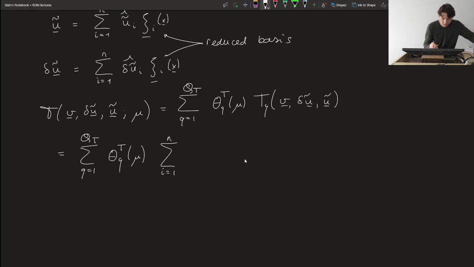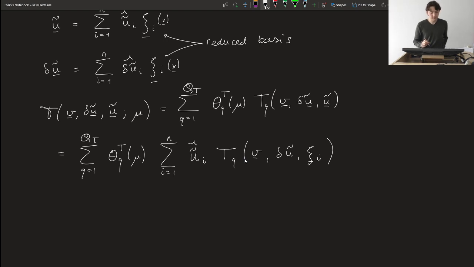So the sum of these coefficients u tilde i hat times, well, I can simply substitute that definition in the trilinear form, and it will give me that. I can do this because by definition the trilinear form is linear with respect to this u tilde, which means that I can simply substitute this sum, making this a linear decomposition.